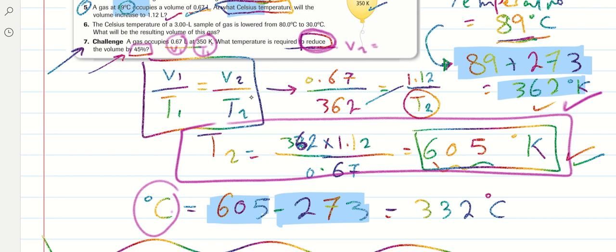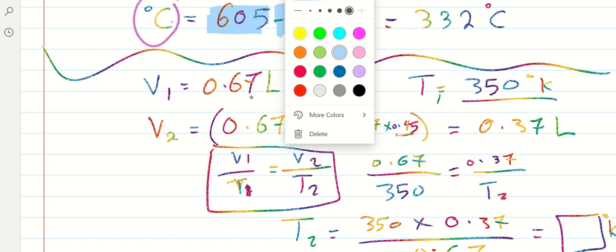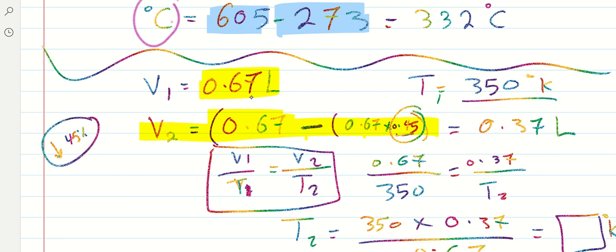How to calculate if it is reduced? Minus. This is how I calculate it. V2 equals the original volume minus the original volume multiplied by 0.45. Why 0.45? Because they said it decreased by 45%, which means you subtract 0.45 because you have to change from percentage to decimal.